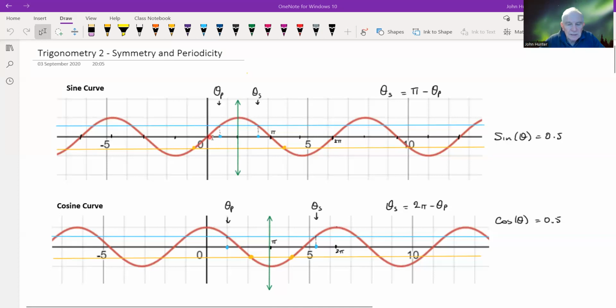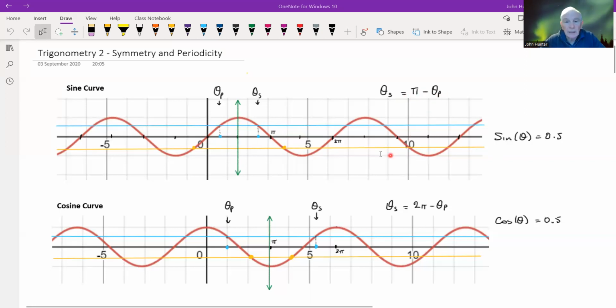So if this is pi by 6, this whole stretch is pi, and so we're pi by 6 short of pi, which is 5 pi by 6. So those are our two solutions. Let's call that the primary and the secondary, and those are connected by this little equation. The secondary solution is equal to pi minus the primary solution.